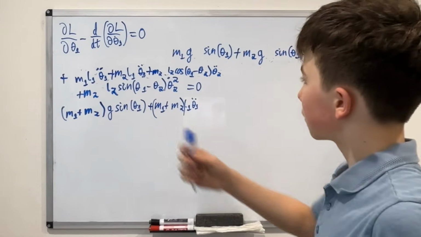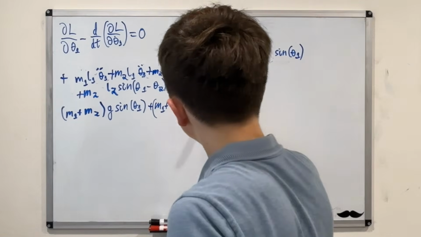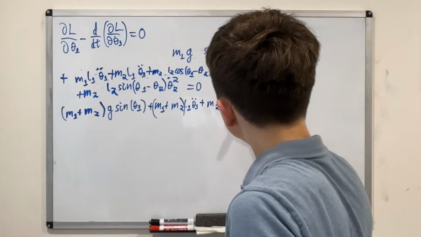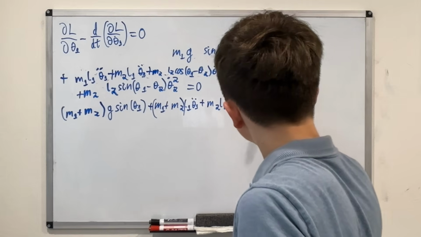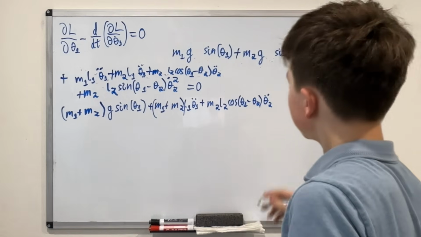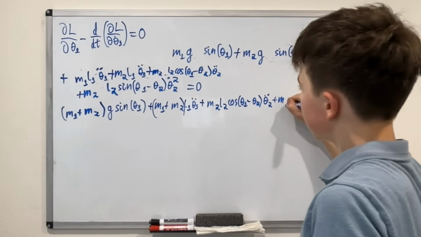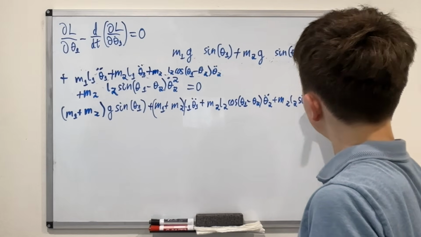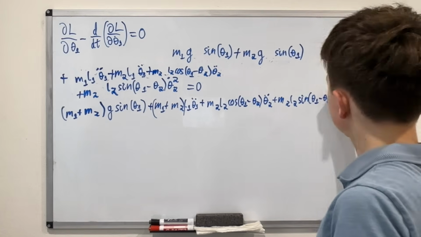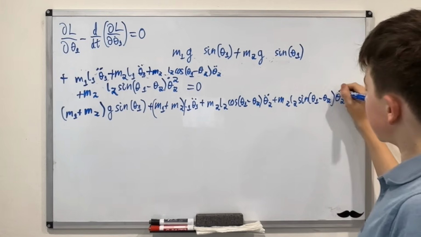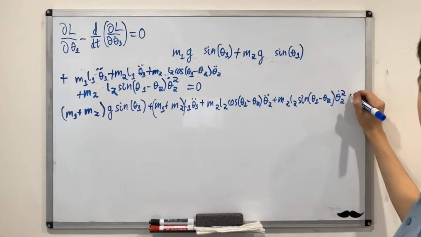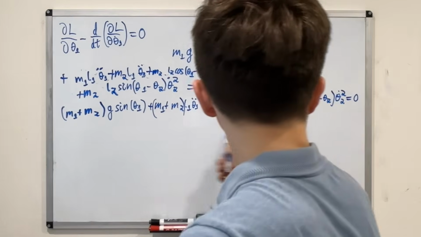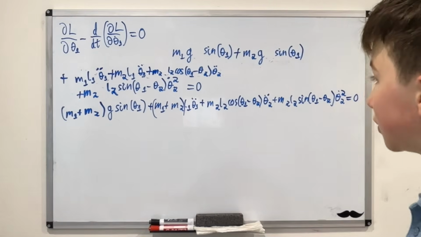And then finally here we have two more terms, m2 L2 cosine theta 1 minus theta 2 theta 2 double dot plus m2 L2 sine theta 1 minus theta 2 theta 2 dot squared. And all of this is equal to 0. And so this is our first equation of motion for the double pendulum.